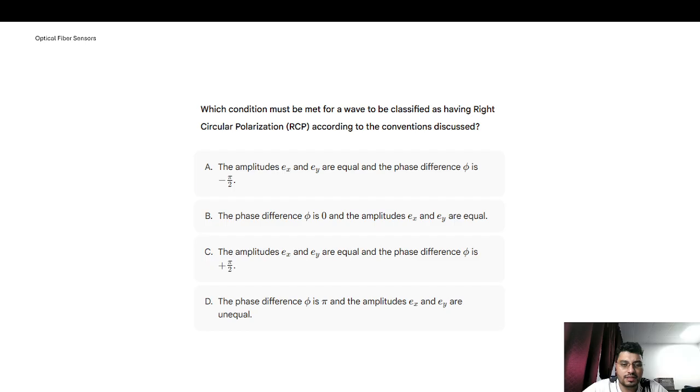Option B: the phase difference phi is 0 and the amplitudes Ex and Ey are equal. Option C: the amplitudes Ex and Ey are equal and the phase difference phi is plus pi by 2. Option D: the phase difference phi is pi and the amplitudes Ex and Ey are unequal. Let me know your answer.